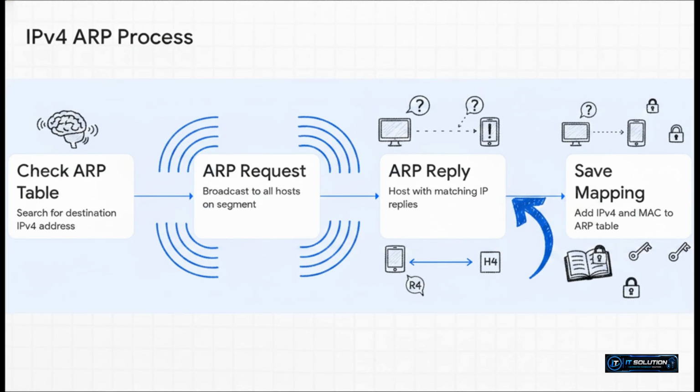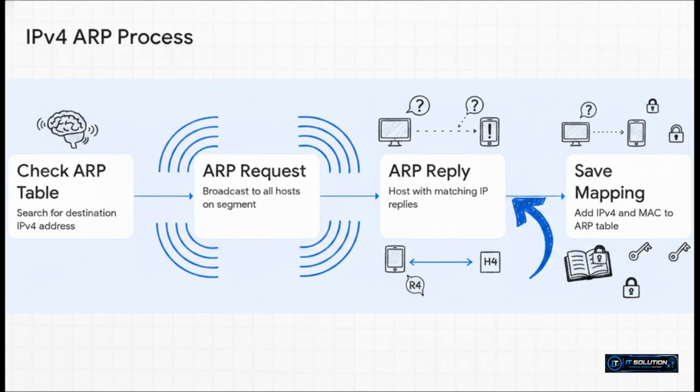Enter our detective, the Address Resolution Protocol, or ARP. When a host hits this roadblock, it runs through a very specific routine. First, it checks its own memory, its ARP table, to see if it already knows the answer. If not, it fires off an ARP request. Now, because it doesn't know who owns the IP, it sends this request as a local broadcast.